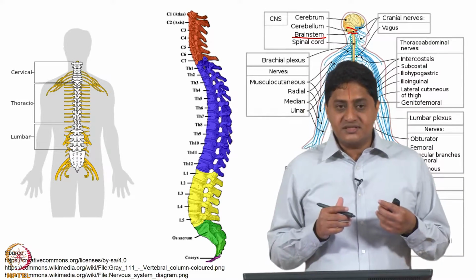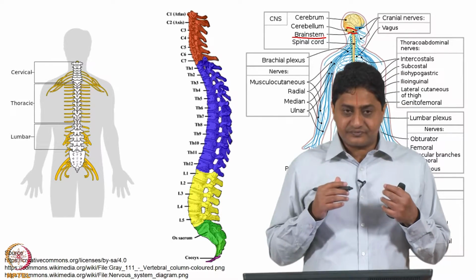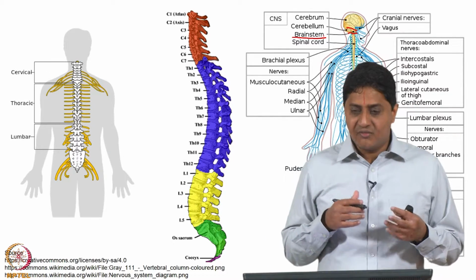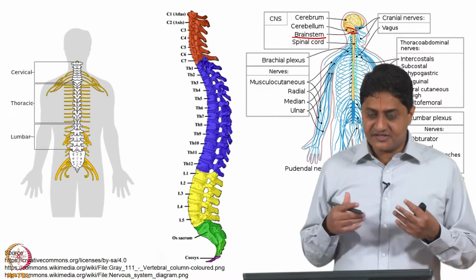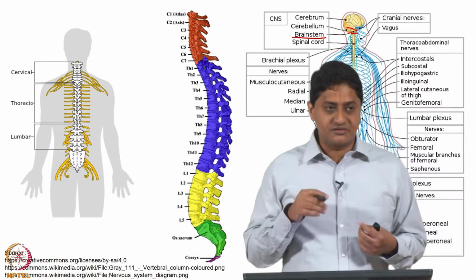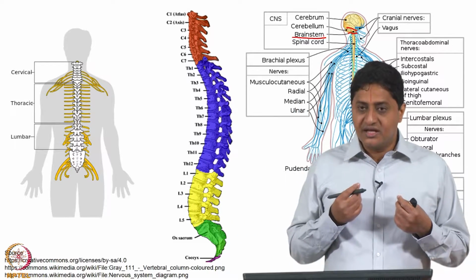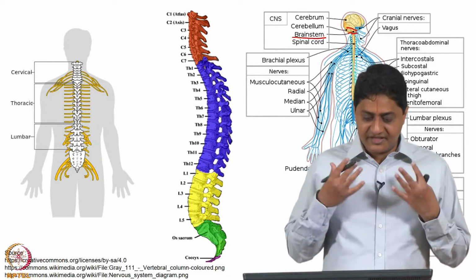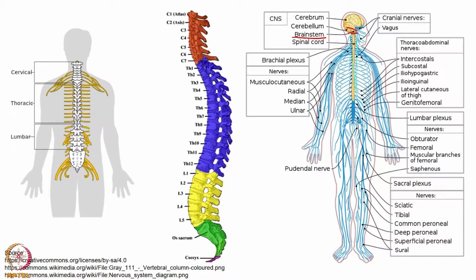So, since our face houses many of the senses, what are the senses? Vision, olfaction, taste, audition, all these are housed in the face, in the head. The sensory information from these senses reach the brain via what are called cranial nerves.